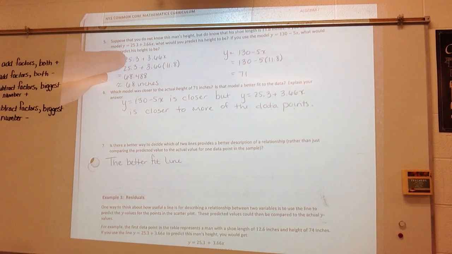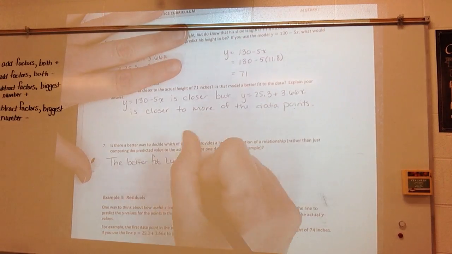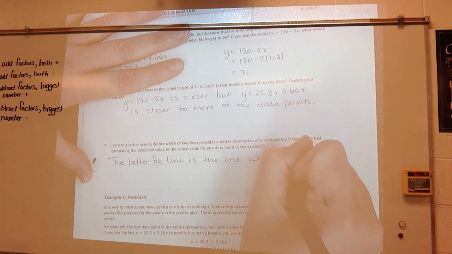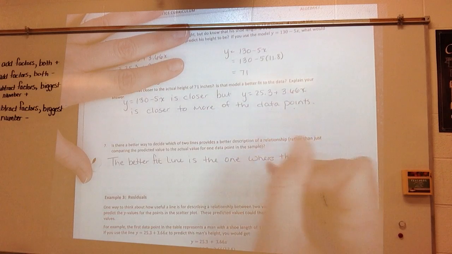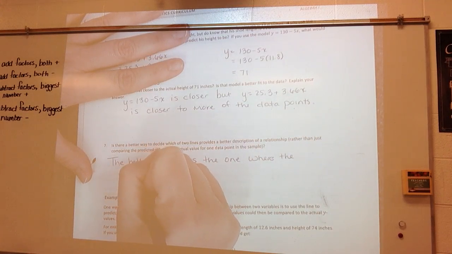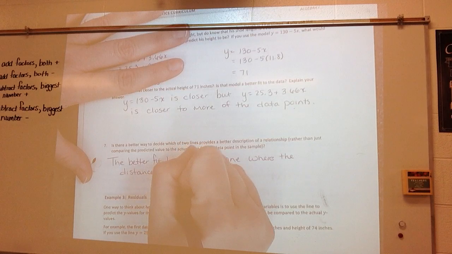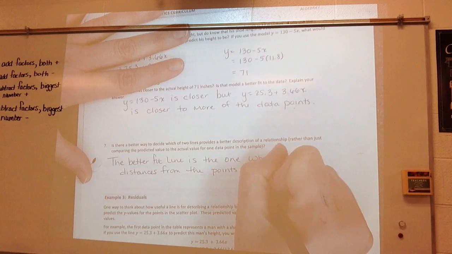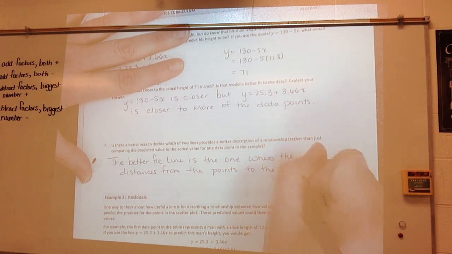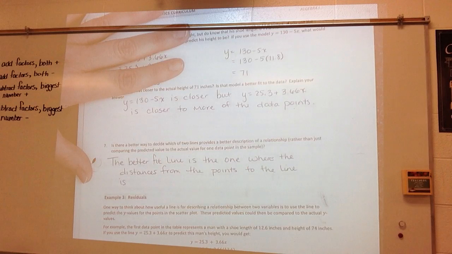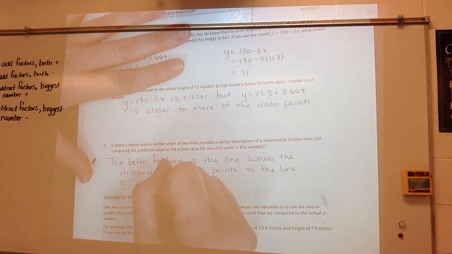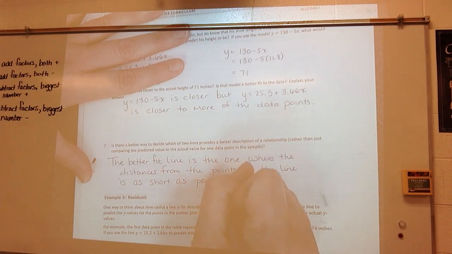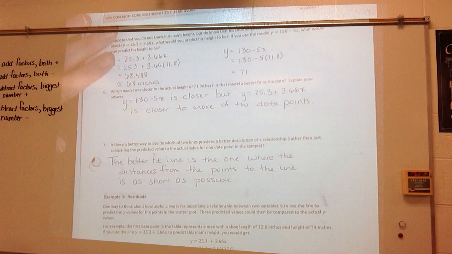So I want it to be as short as possible.